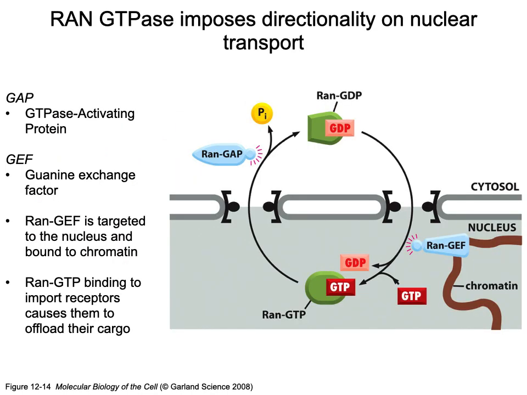To generate the energy required to do this, a GTPase is responsible: GDP becomes GTP, similar to ATP synthase. The GTPase is the protein that allows for the energy needed for import and export in nuclear transport.